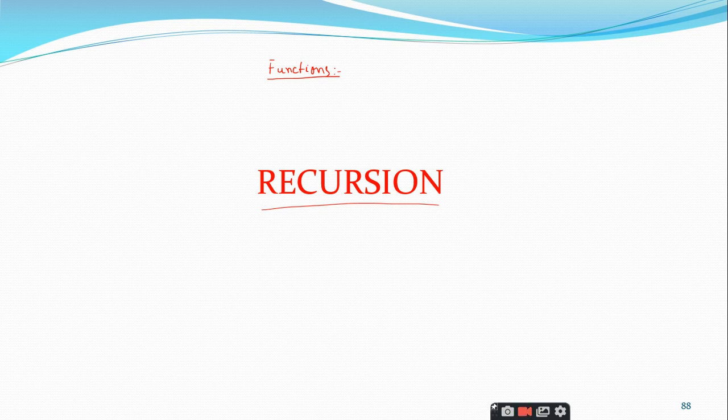But at that point we discussed one very important point, that functions are basically inactive. So in order to activate these functions, you have to invoke them. How do you invoke those functions? Just by making a function call.